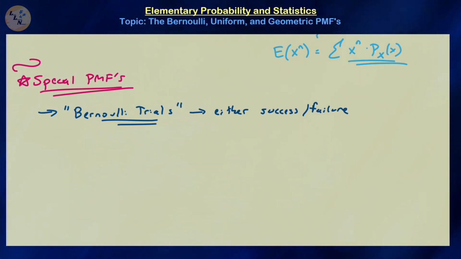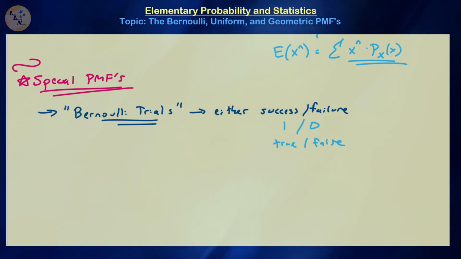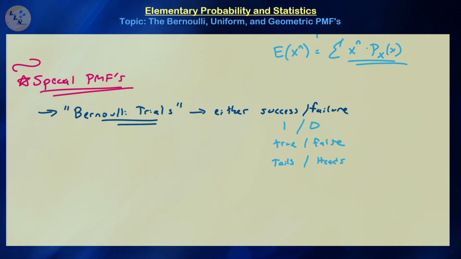There are several parallels to this, for example, either 1 or 0, either true or false. And that motivates the reason why we consider flipping coins. For example, we only have two outcomes, either tails or heads. So any outcome or trial that has only two outcomes is usually what we refer to as a Bernoulli trial.